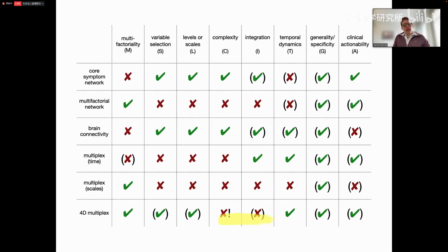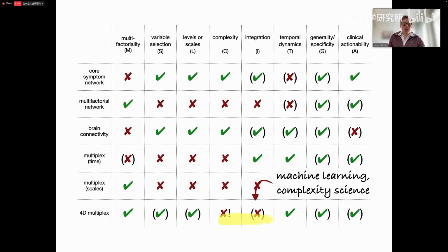But what's clear is that one source to draw on is complex system science, a discipline that is used to handling dynamic multivariable interactions at different spatial and temporal scales, and where we already have clever algorithms that can handle such situations. So tools from machine learning and complexity science may actually help us address the integration challenge.